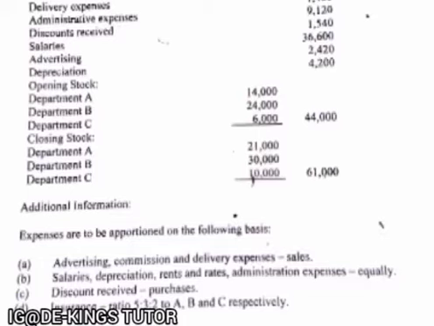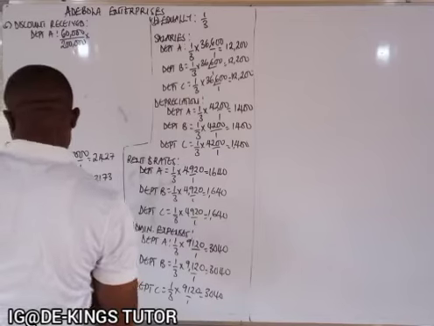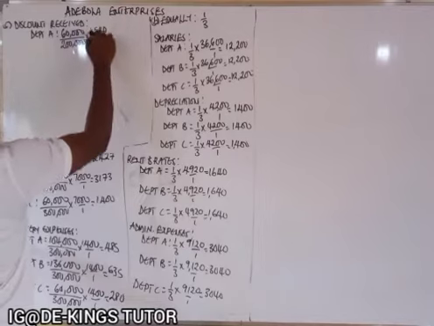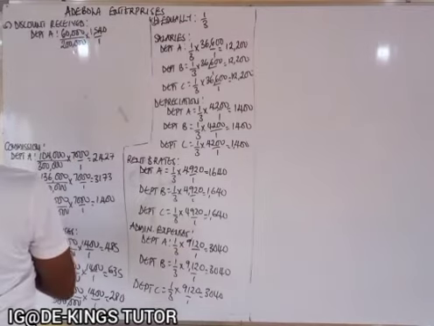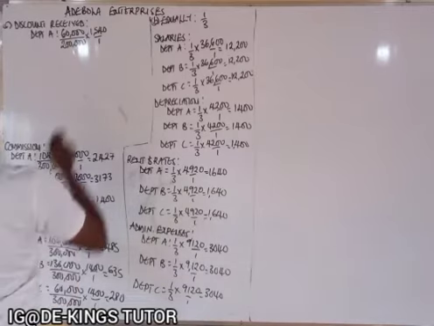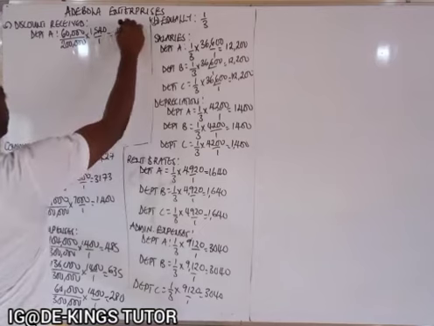The amount for discount received from the question is 1,540. So 60,000 divided by 200,000 times 1,540 will give us 462.